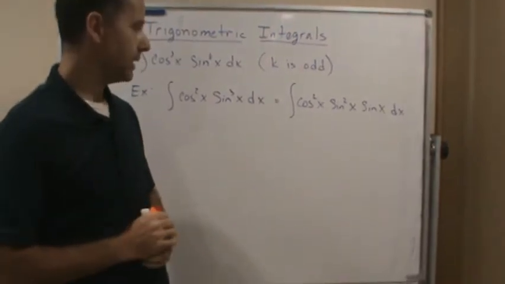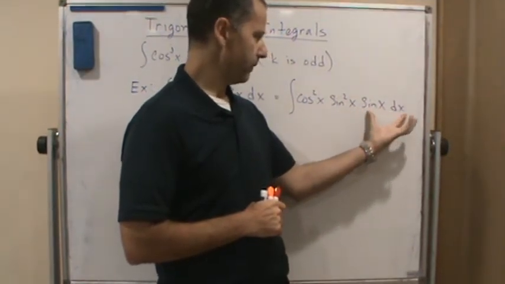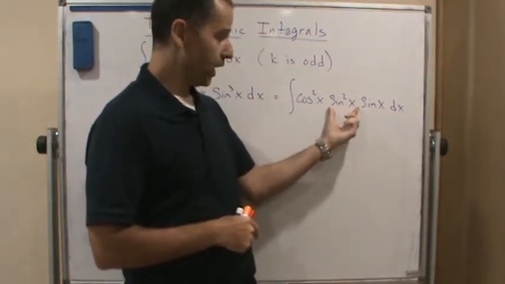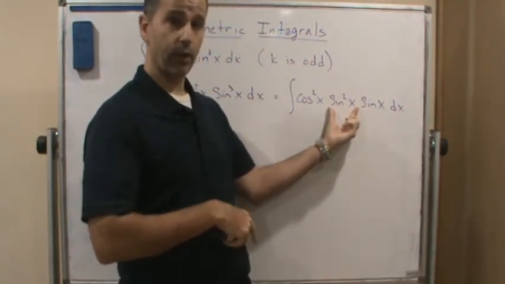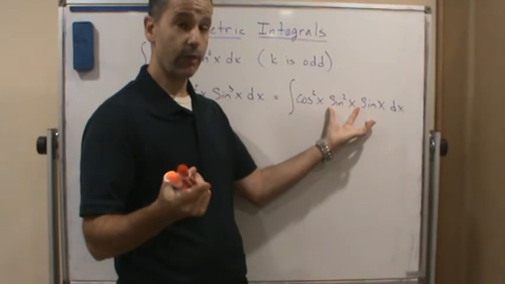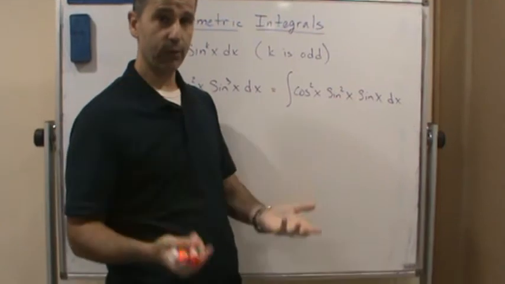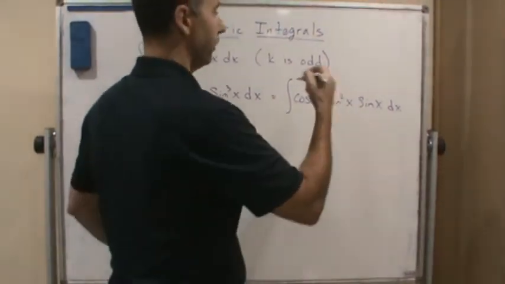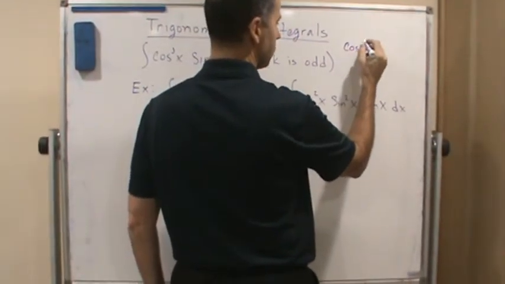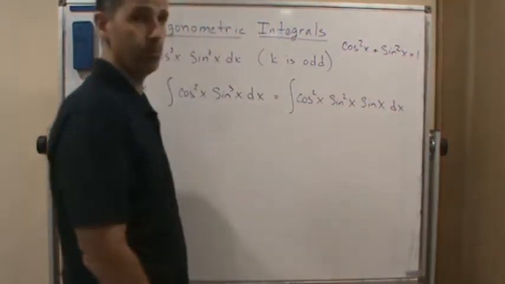Because what I can do now is set this aside, so this is going to be my du. That's where I'm heading. So I need to change the rest to cosine. There's got to be some sort of identity that can make this into terms of cosine. And of course there is. The identity you're going to need to remember is that cosine squared x plus sine squared x equals 1.